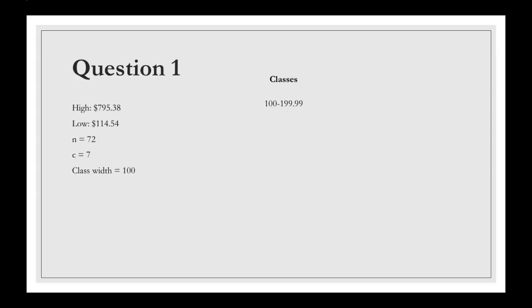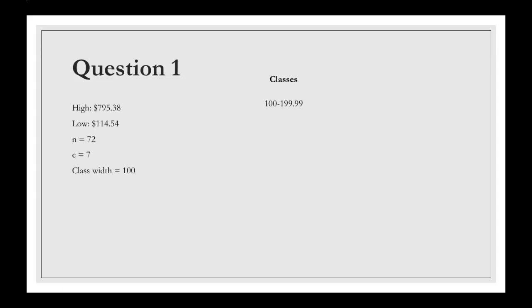Because if we started at 0, we wouldn't have had any pieces of data in that first class. Because that first class would have been 0 to 99.99. And the smallest number that we have is 114. So there would have been no purpose to have a class less than 100.